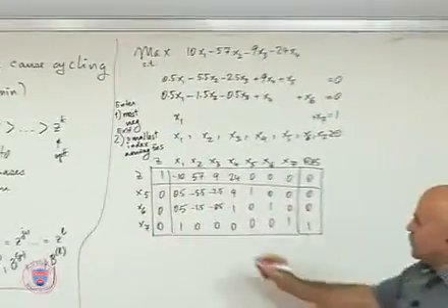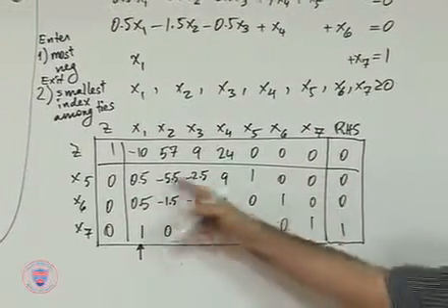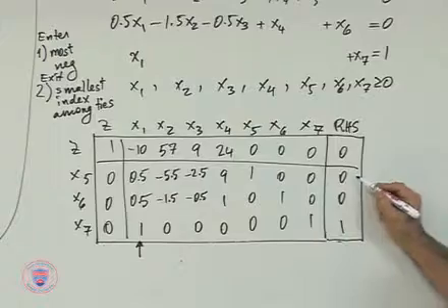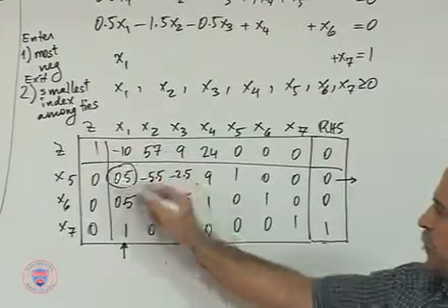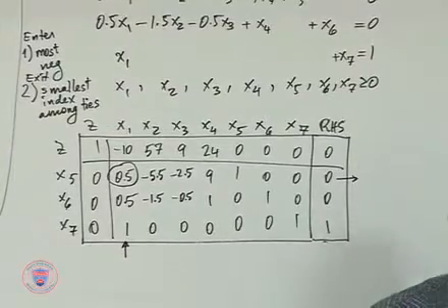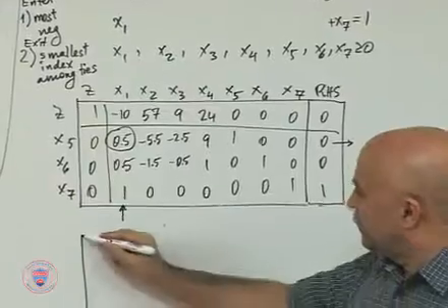So in this case, there's only one choice for the entering variable, x1. So going with the smallest index rule for the exiting variable, we pivot on that one. And then we arrive at the next tableau.